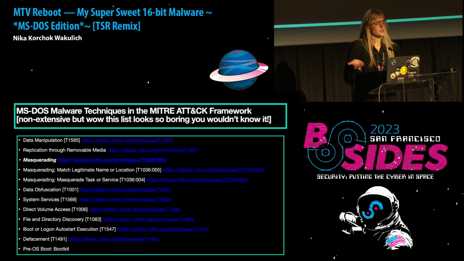So in terms of MS-DOS malware techniques in the MITRE ATT&CK framework, we have all of these. This is, again, a non-extensive list. I will just point out that masquerading was one that I focused on in particular, and I thought was very interesting, especially in the way that graphical components were used and leveraged as a sort of stealth technique.